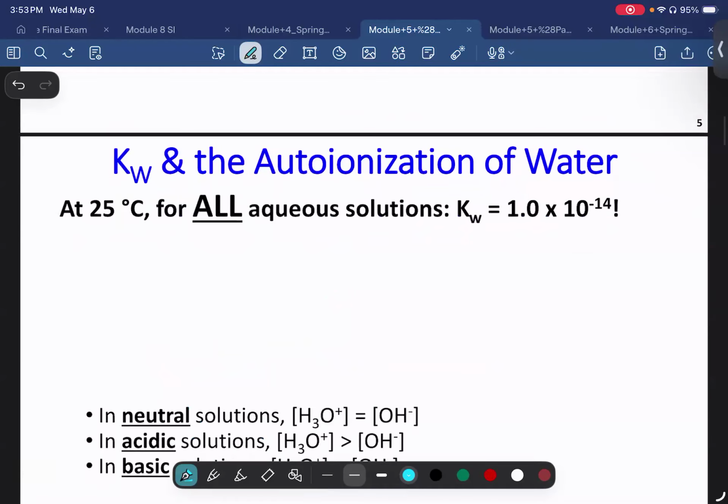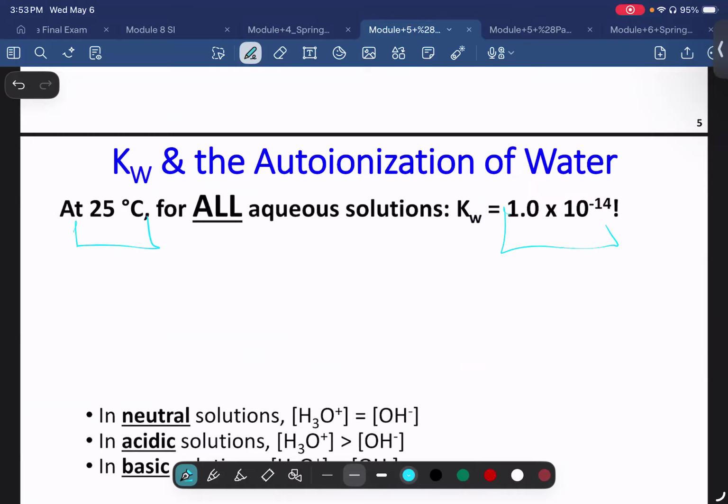Kw. You want to make sure you remember the Kw at 25 degrees Celsius. I know there was one question on the exam where they gave you Kw values at different temperatures, and asked you to figure out the pH of a water solution at something like 40 degrees Celsius.